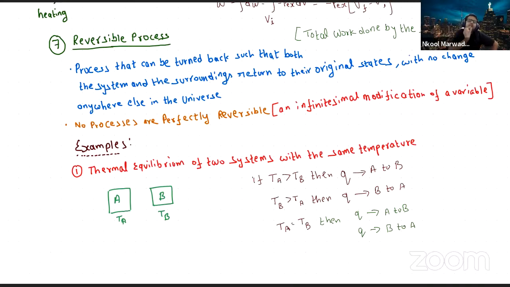There will definitely be some difference, and that difference can be so small that our measuring instruments might not measure it. But there will always be a difference. Because of that, whenever there is a temperature difference, heat will flow. It will be so minute that we ignore it. So ultimately, we say that equilibrium is achieved.